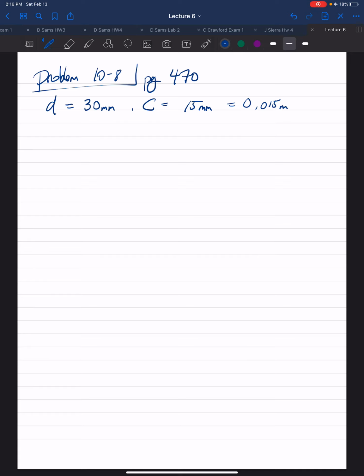So we have to do our sections to determine our maximum torque in which section of the shaft. So for, we'll say section AC, we have an applied torque of 300 Newton meters.